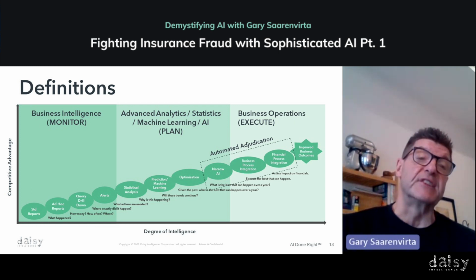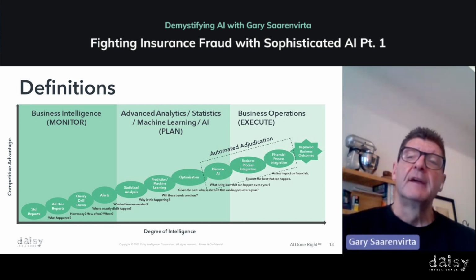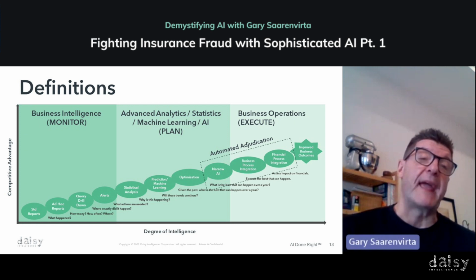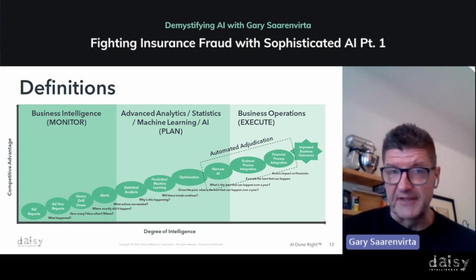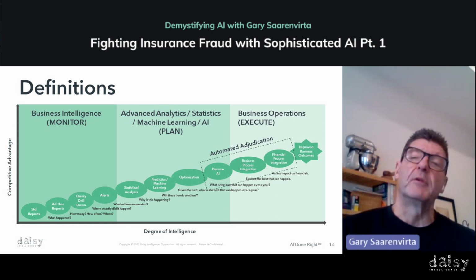So the actual decision of paying or not paying, when you integrate the business process into that financial adjudication, that's where you talk about automated adjudication, be that auto deny for fraud or auto process a payment or auto deny a payment. Even if it's not fraud, you may not pay because the coverage is not available.